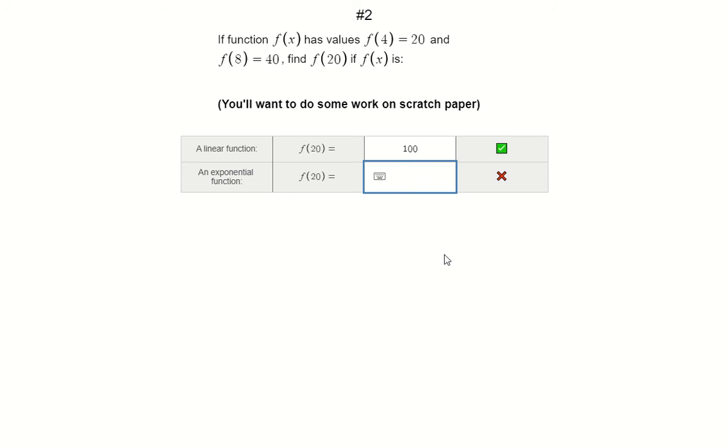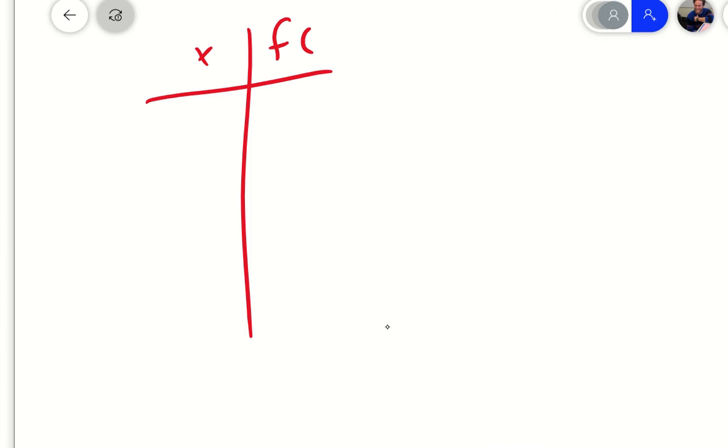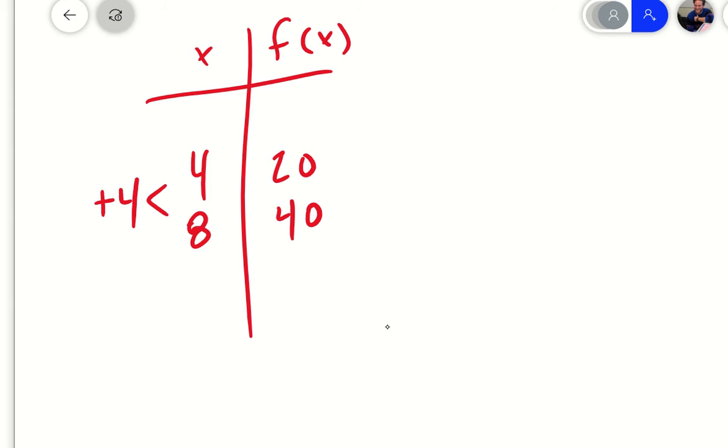And if it's an exponential function, I might come back to that, so I'll use a table. It's an exponential function, and we have 4 is 20, 8 is 40. Exponential would be add-multiply, so this is plus 4.